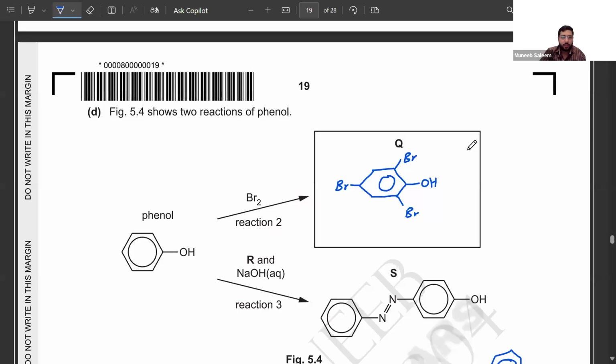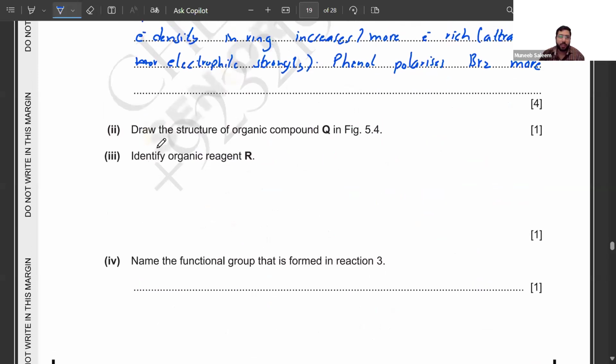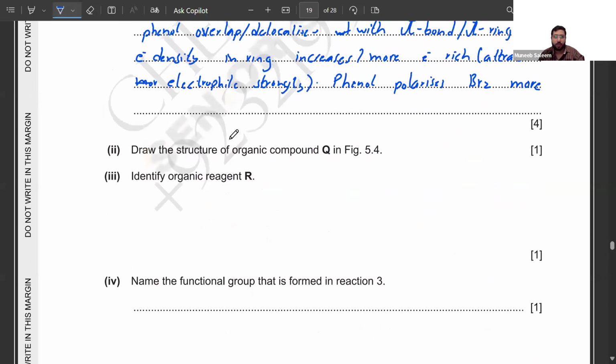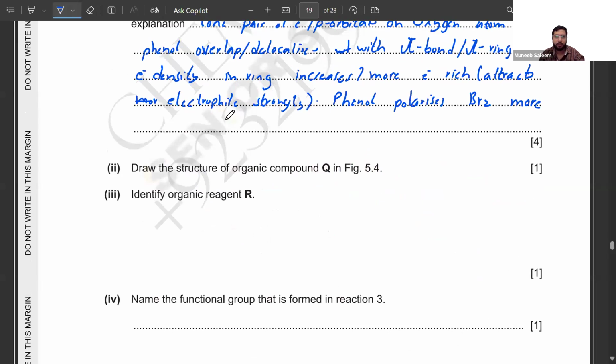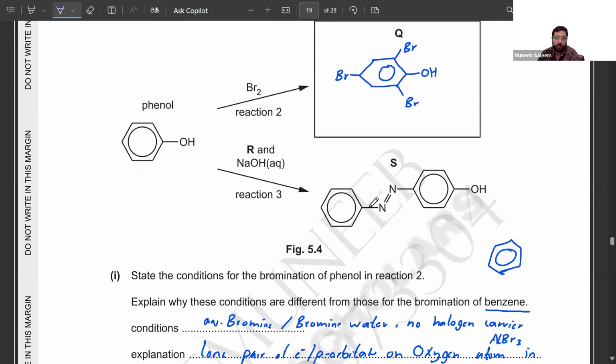Now the next question, part 3: identify organic reagent R. Okay, now what is R here? We can see that this phenol is basically converted into S, which is an azo dye. Azo dye is formed here, which means this must contain some sort of diazonium chloride salt, benzene diazonium, and this part is coming from that R. So benzene diazonium chloride must be there.